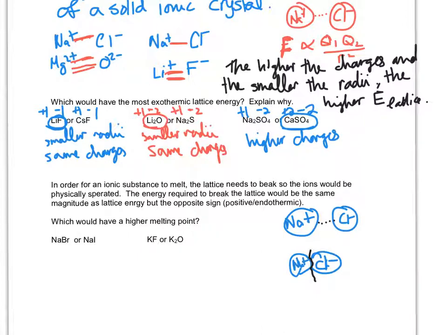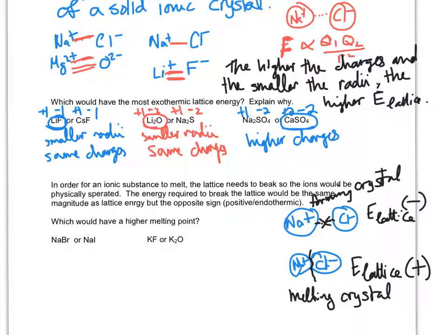So let's show it as this. When I combine those, that's your lattice energy, but it's going to be negative. This is also the lattice energy, but it's going to be positive when I melt it. So this is forming the crystal, and this is melting the crystal, or breaking the crystal in order to melt it.